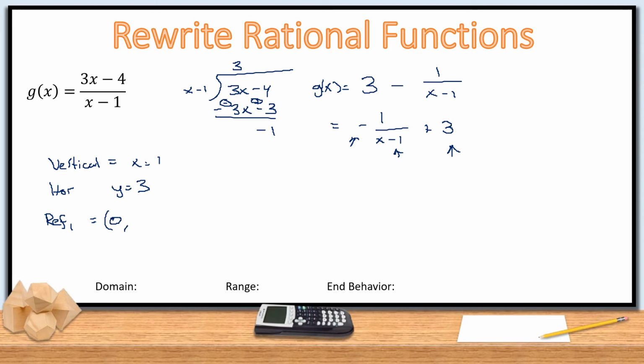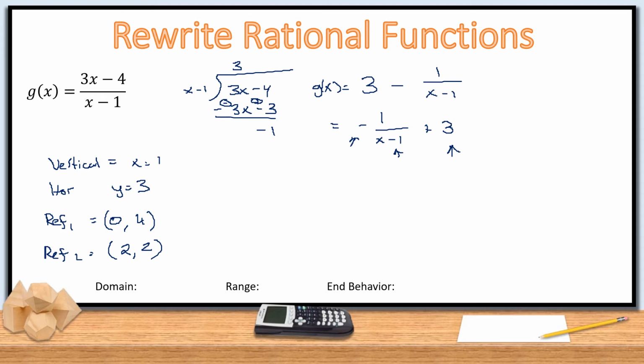And then minus a, so that'll be minus negative 1. So positive 1 plus 3 is 4. And then reference point 2, we've got b, which is 1, plus the other one is 2. That was my h value. And then a, so that's minus 1 plus 3 is 2. So there's my 2 reference points.